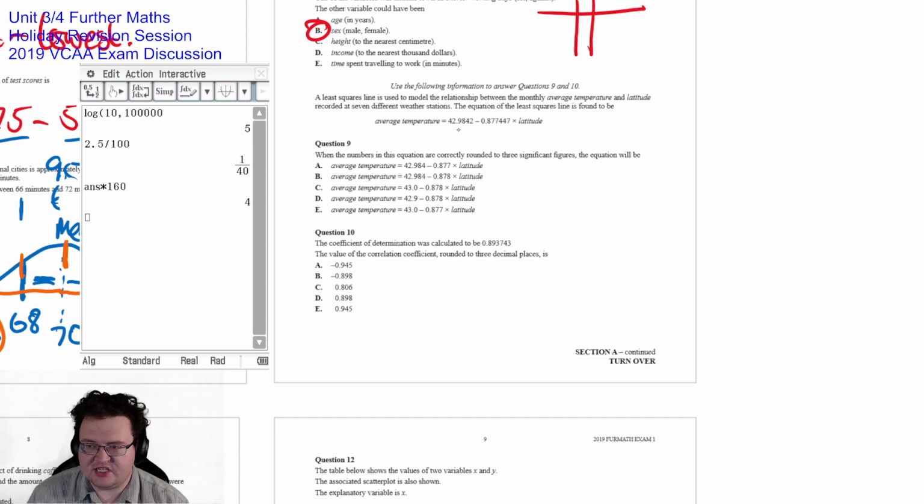The third number is this 9. But if we want to round everything off to that significant figure, we have to look at the 4th number. Is that more or less than 5? Well, it's more than 5 because it's 8. Therefore, we round everything up. Therefore, our answer either is C or E straight away.